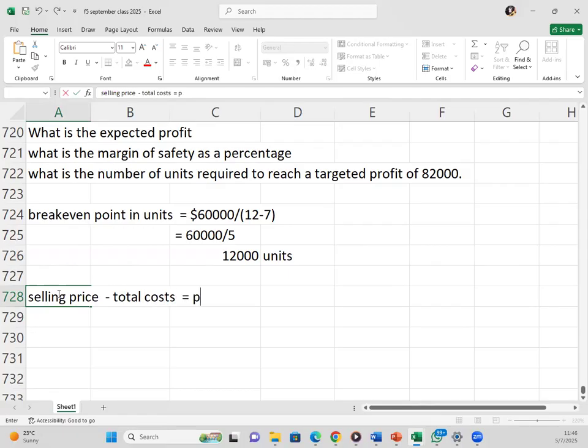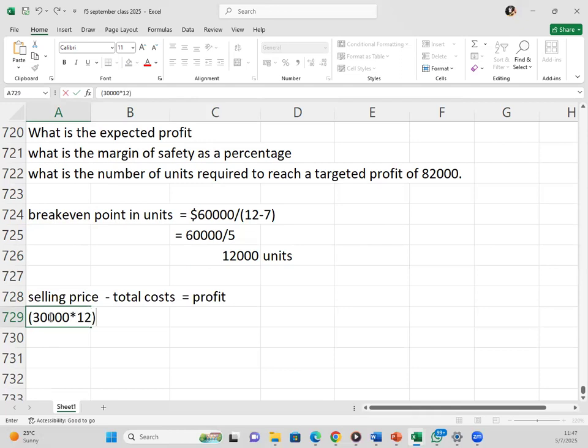The sales are the 30,000 units we are expecting to produce times the price per unit, 12.